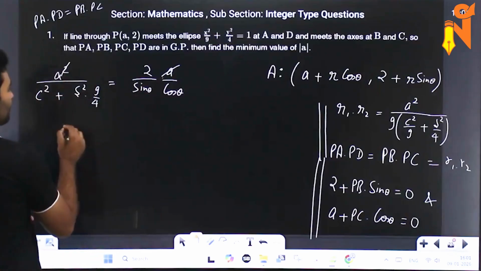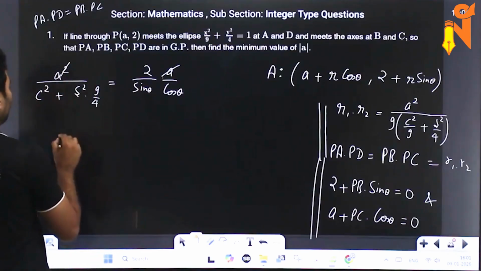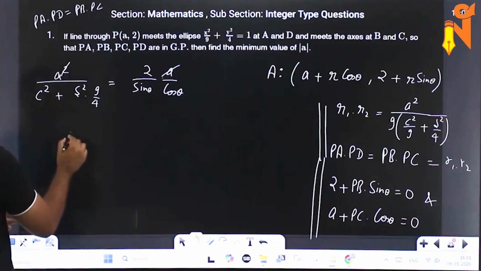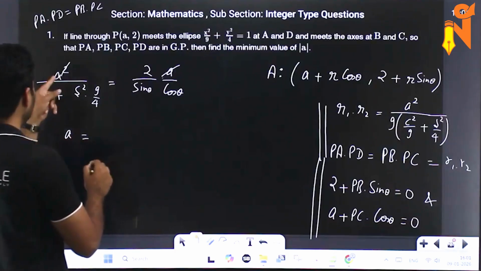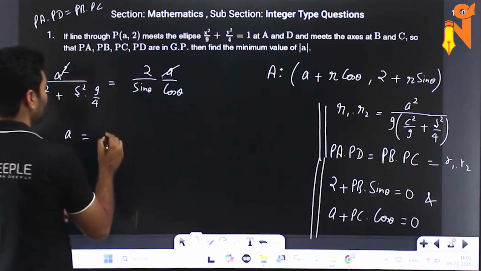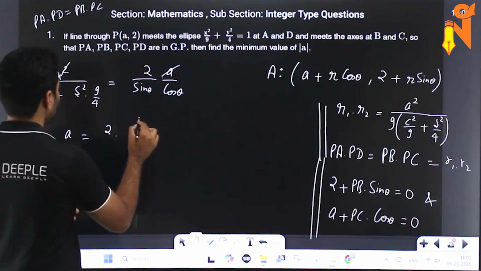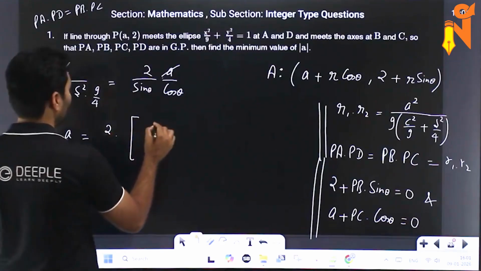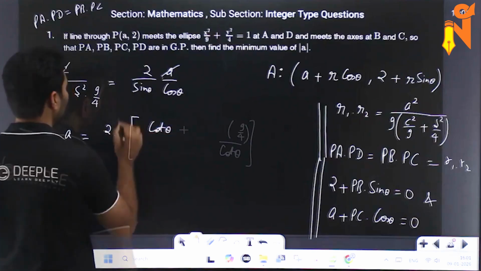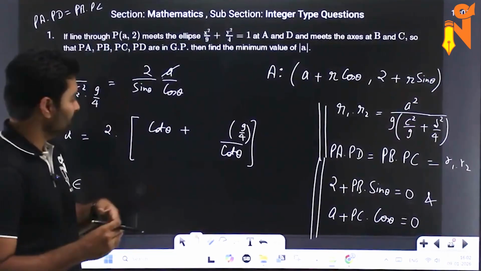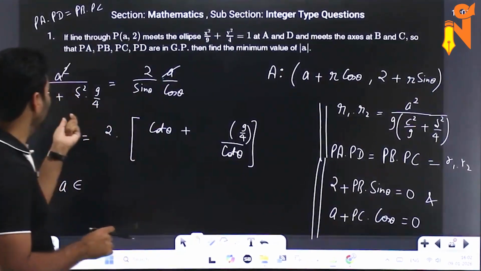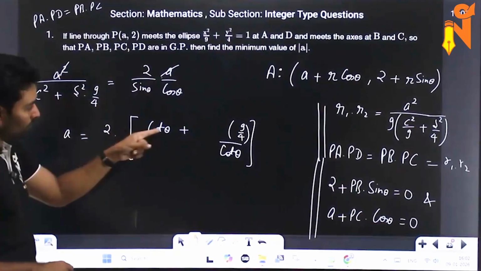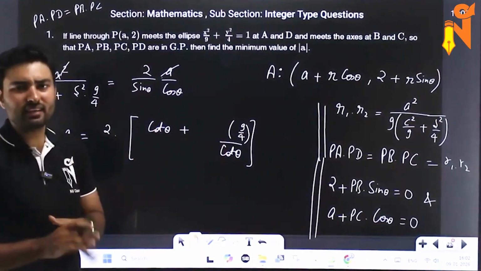Now we got a simple equation, so obviously now it's a simple question. So basically A is equal to this, 2 into, then you divide sin cos, so you will get here cot theta, and 2 is here. After getting this, I will divide this by sin cos, I will get cot plus 9 by cot, clear.